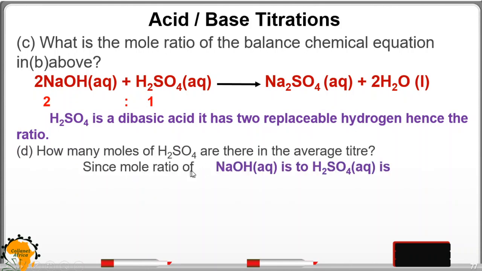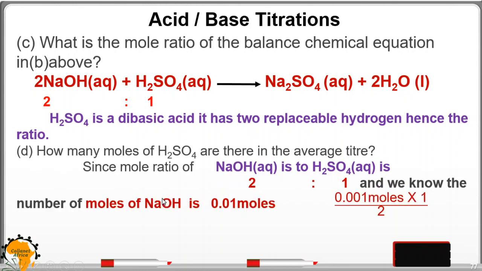Since the mole ratio of sodium hydroxide to sulfuric acid is 2:1, and we know the number of moles of sodium hydroxide that we calculated, then to get the number of moles of sulfuric acid you do a cross multiplication, then you get your answer as 0.005 moles. Cross multiplication, divide by 2.